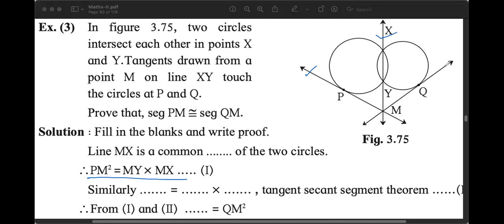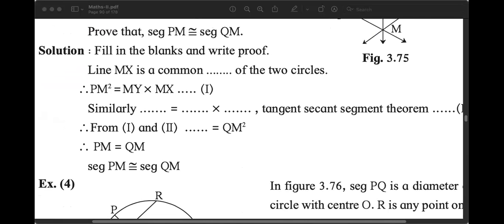Similarly, if we look at the tangent here and the secant here, we will say MY into MX is equal to QM square. No rocket science, right? So PM square and QM square both are equal to the same product MY and MX.